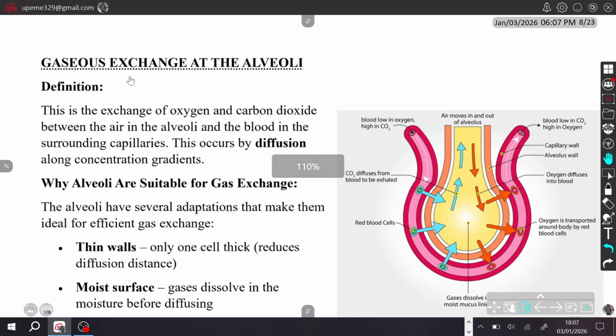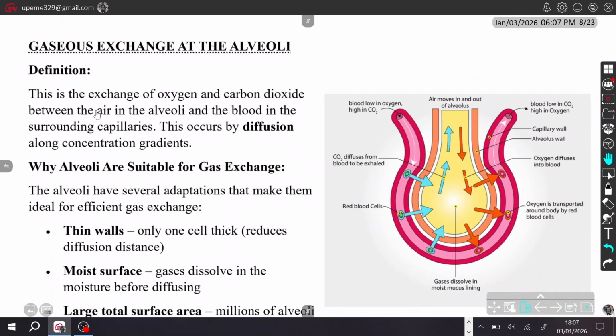The definition of gaseous exchange: this is the exchange of oxygen and carbon dioxide between the air in the alveoli and the blood in the surrounding capillaries. This occurs by diffusion along a concentration gradient.